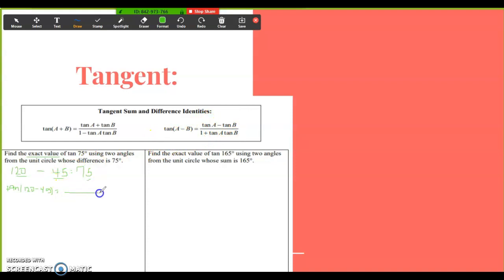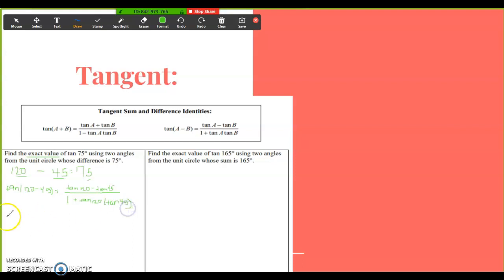So I would have the tangent of 120 minus the tangent of 45. And I know in the denominator I'm going to be adding, so this would be 1 plus the tangent of 120 times the tangent of 45.